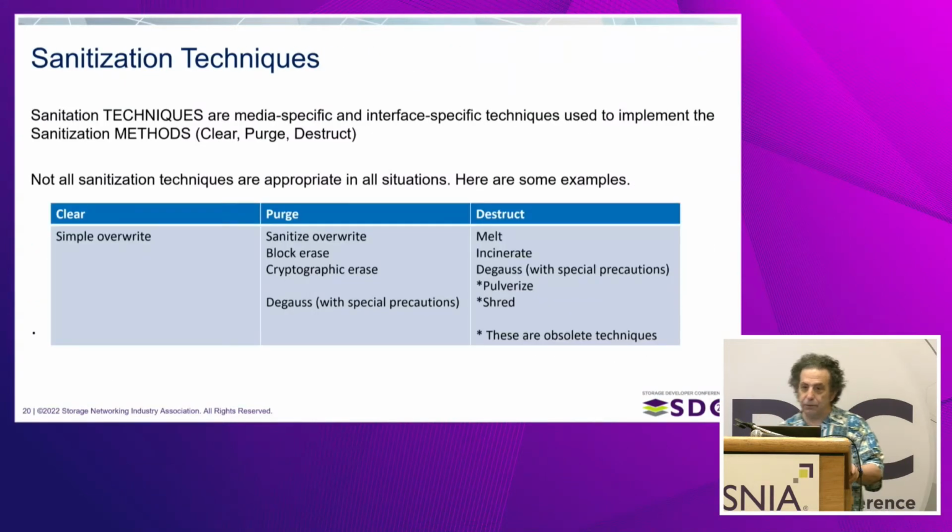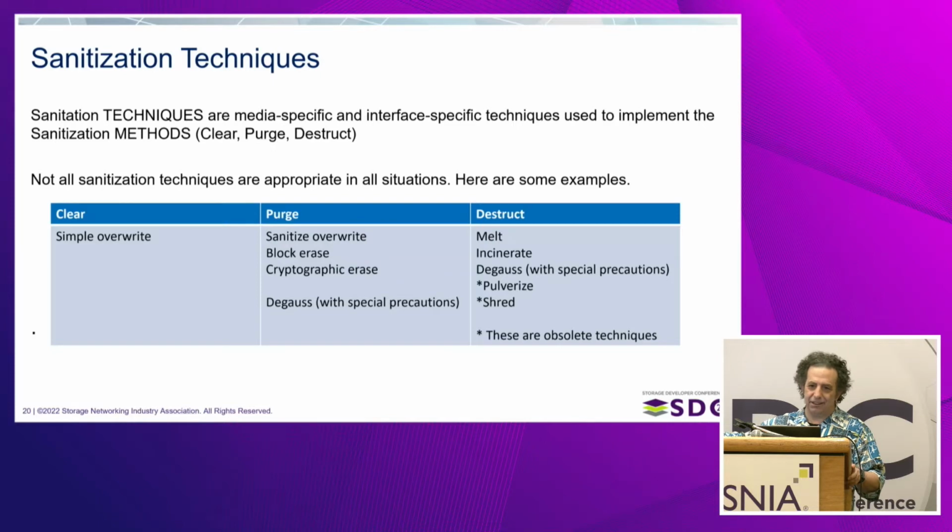So we talked about those three basic techniques: clear, purge, destruct. We're really focusing our future activities, and everything that we're trying to get the most use out of, on purge. One of the early examples of clear was rm *, which actually just removed the file system table and left all the data in place.